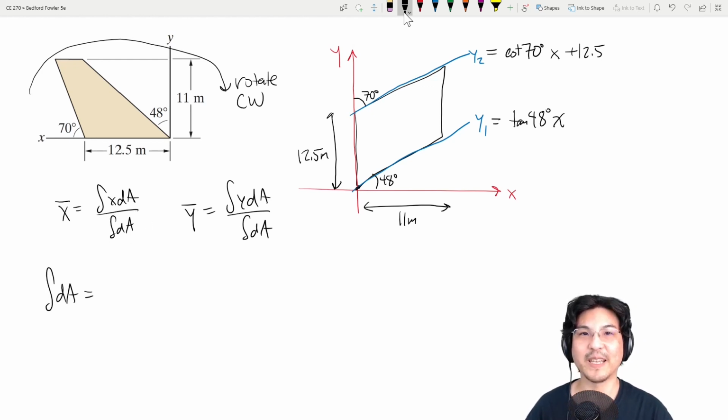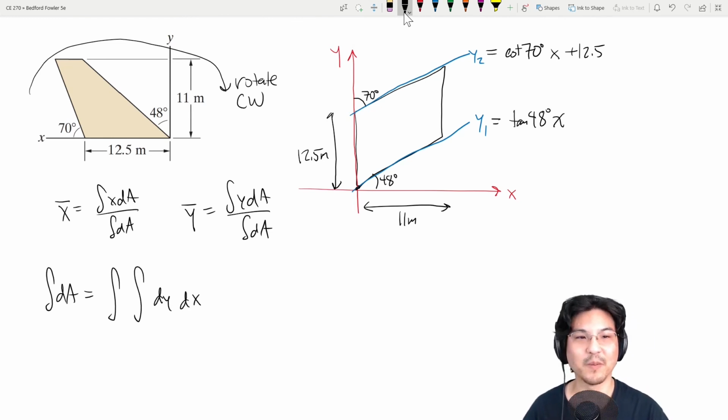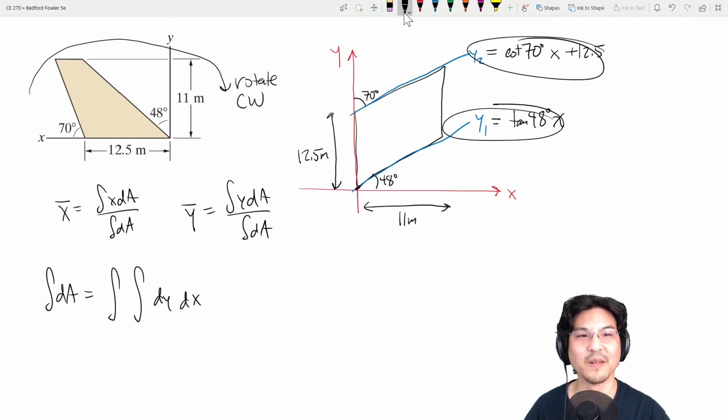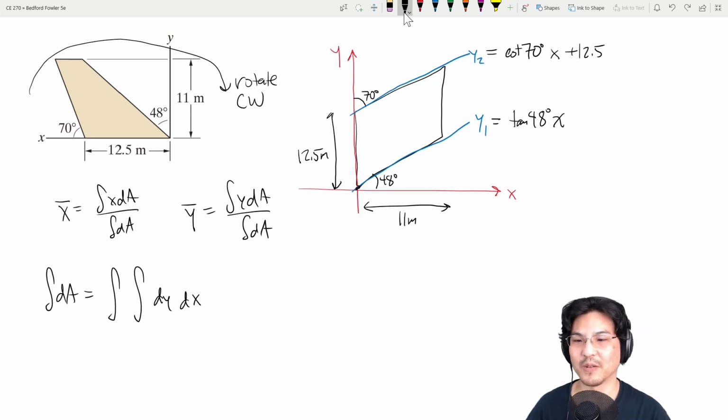Right, so dA will split into dy dx, where y goes from here to here. So it goes from tangent 48x up to cotangent 70x plus 12.5. And then in the x direction, from 0 to 11.